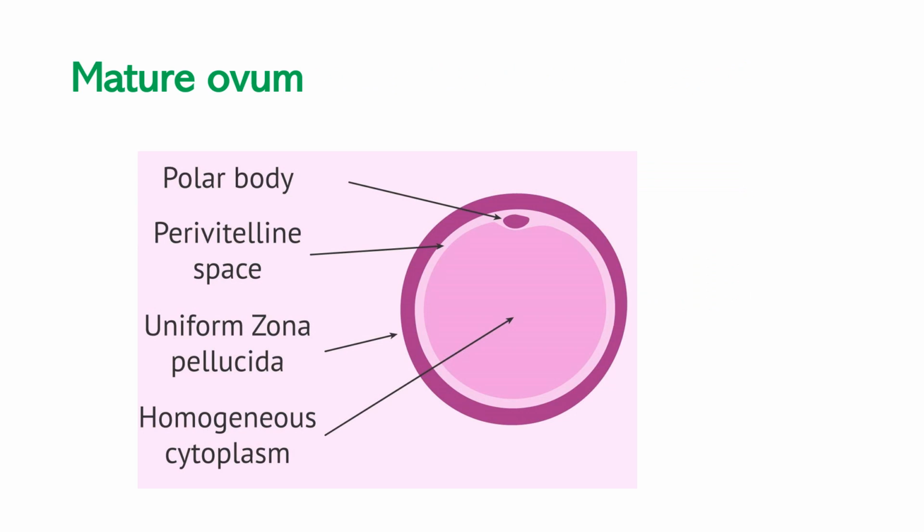In this picture we can see the mature ovum. We can see the second polar body in the perivitelline space, surrounded by a zona pellucida. This is the mature ovum appearance.